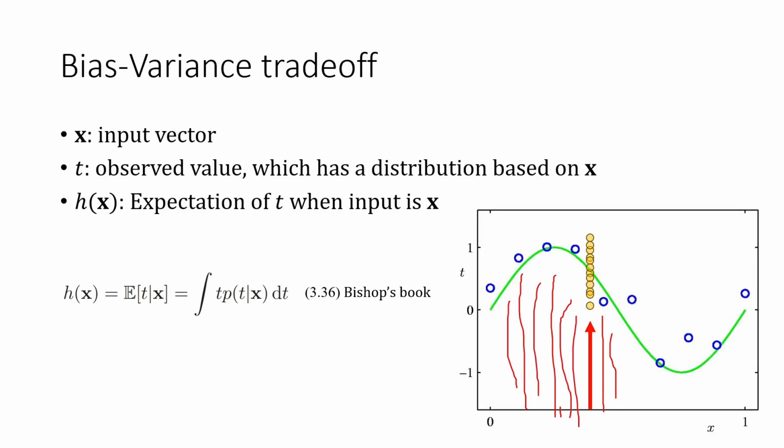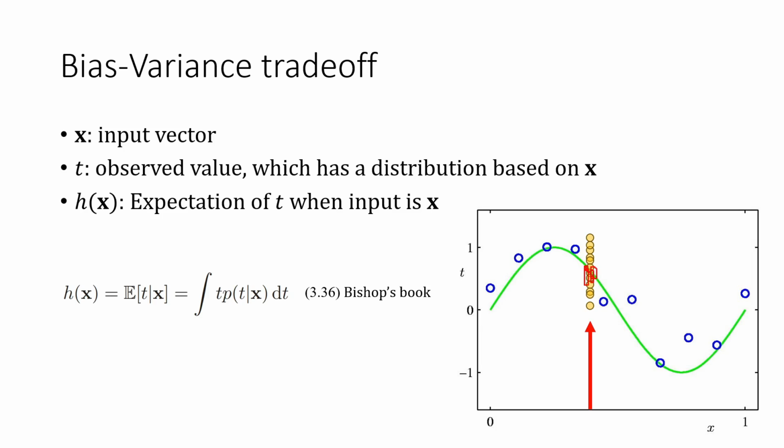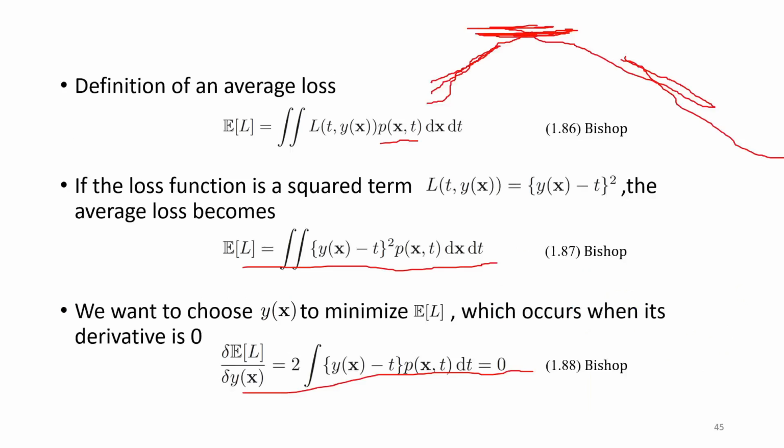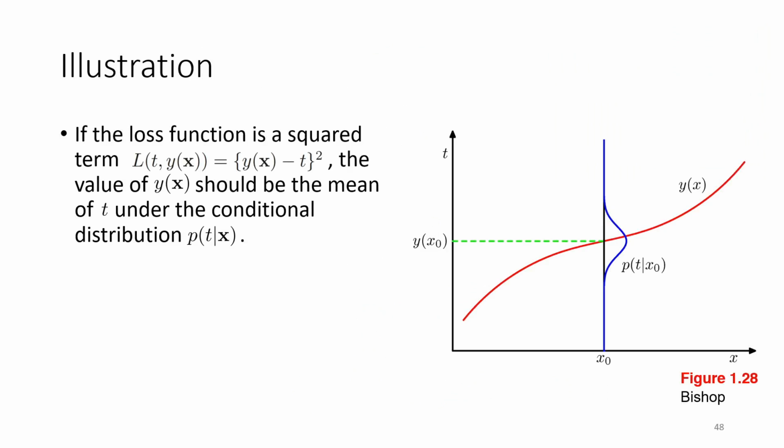It means t is any possible value among those yellow circles. But if the expectation of those t values is exactly this one, then we can get our minimum overall expectation of the loss. It looks like this. This is a distribution of t under a given input x0.